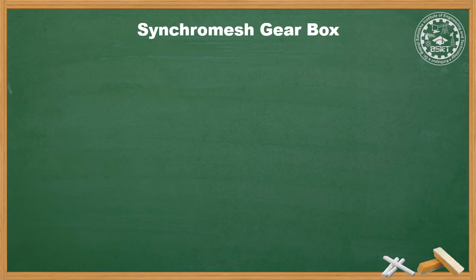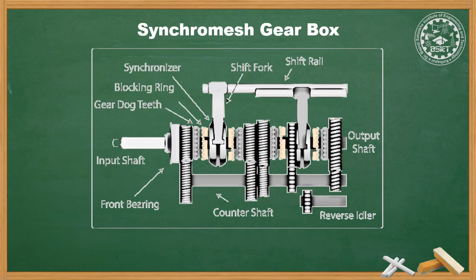This gearbox, as shown in the figure, is similar to the constant mesh gearbox in that the gears on the main shaft and lay shaft are in continuously meshing condition. The gears on the lay shaft are fixed while the gears on the main shaft are free to rotate at lay shaft gear speed.